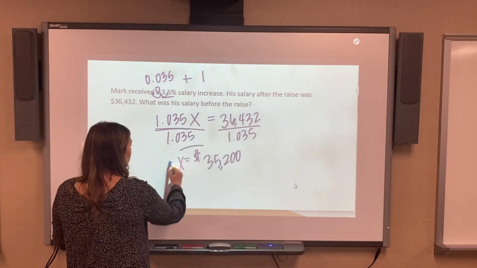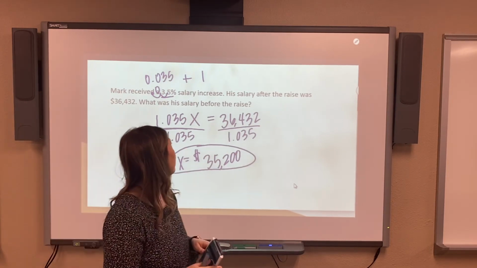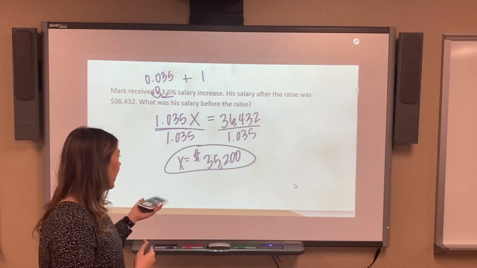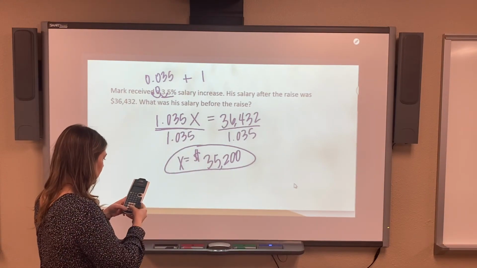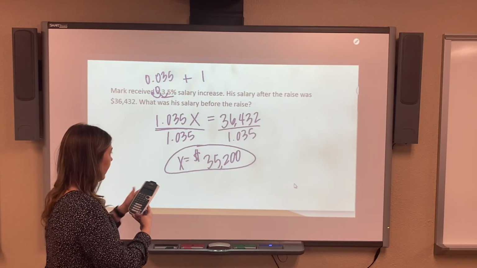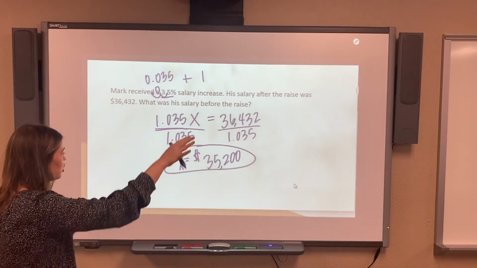So he was making 35,200. He got a 3.5% increase. We multiplied 35,200 times 1.035 and we get 36,432. So you can work backwards and double check.